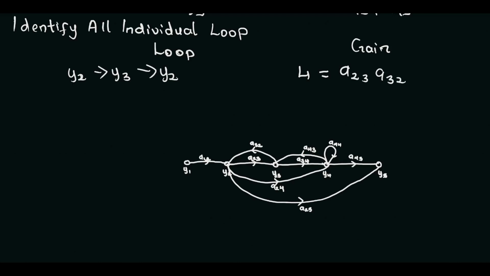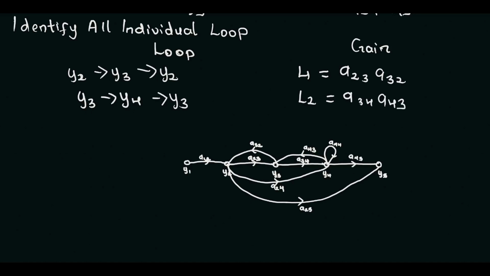Then your second loop is Y3, Y4, Y3, and your loop gain equals A34, A43.